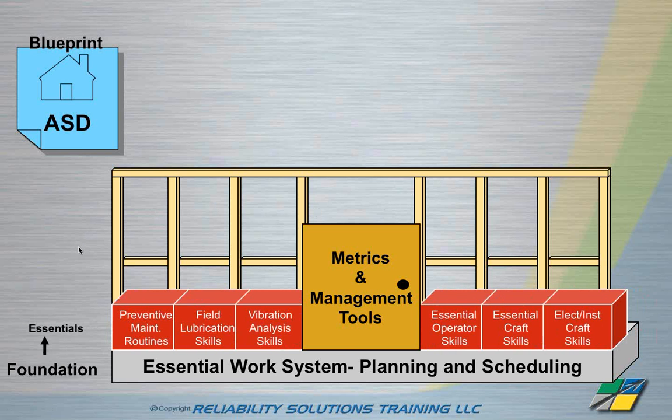For us, the first layer, the first course of the walls, is our essential skills. These are the essential craft skills, the operator skills, vibration, lubrication, preventive maintenance routines, things like that. These are foundational to everything else that we do. And if we don't have these in place, then you end up bouncing on this inverted ice cream cone or inverted pyramid, and it'll all come tumbling down.